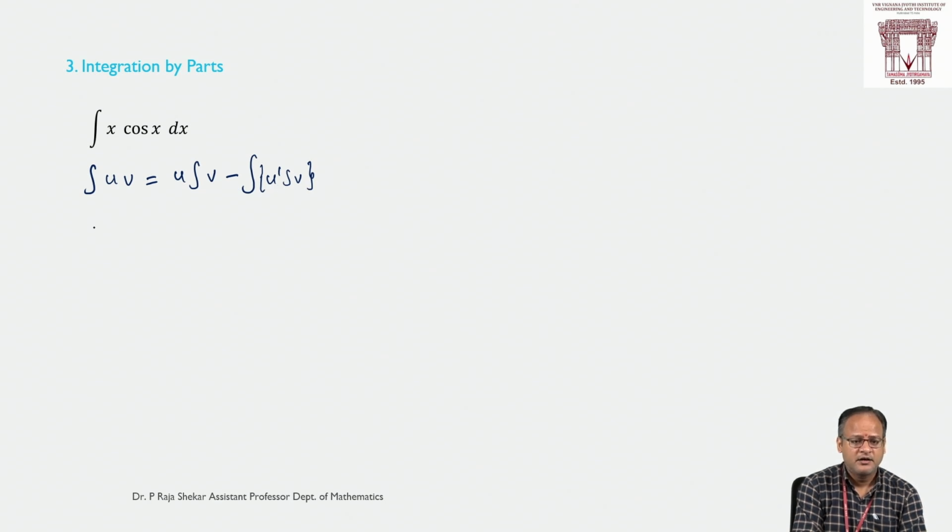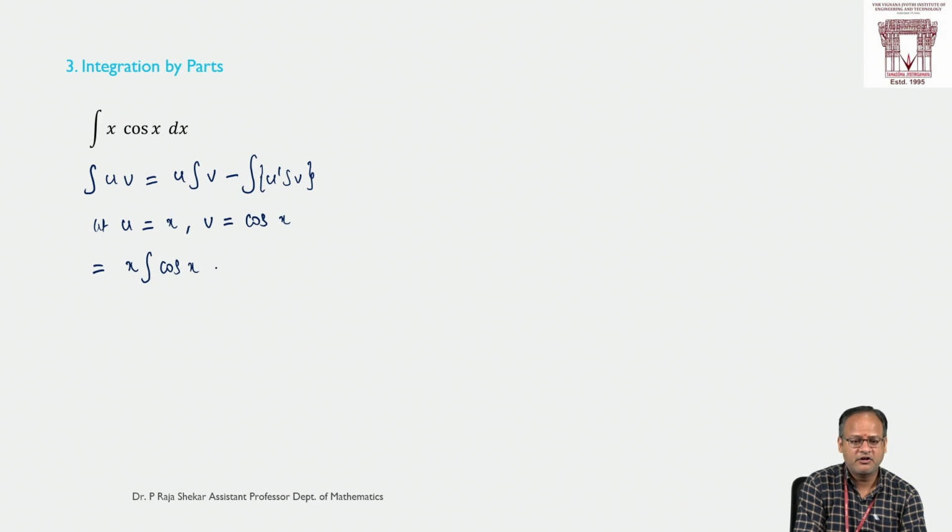So here the algebraic function x can be supposed as u and the trigonometric function can be supposed as cos x. So integration of x into cos x: what is u? U is x. So x into integration of v. V is cos x.